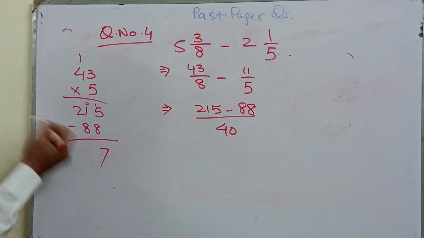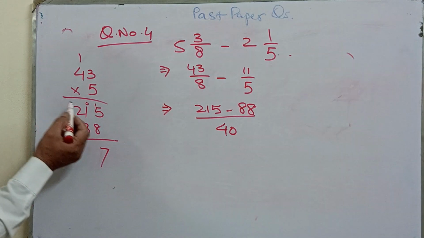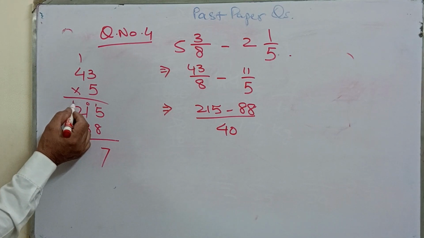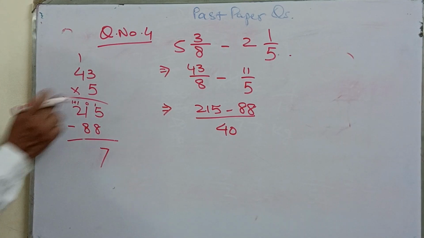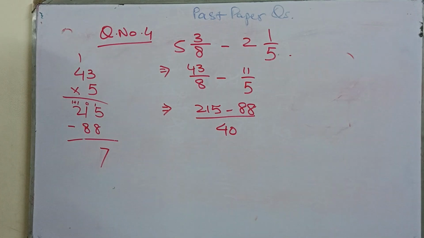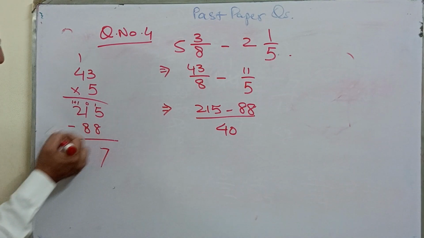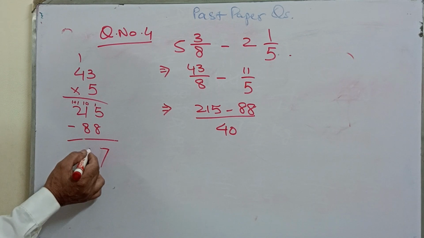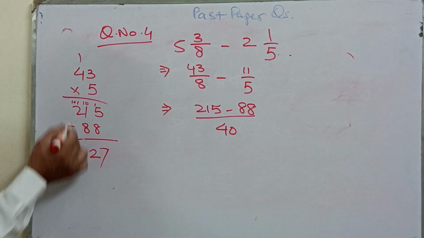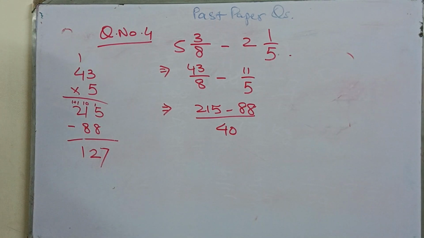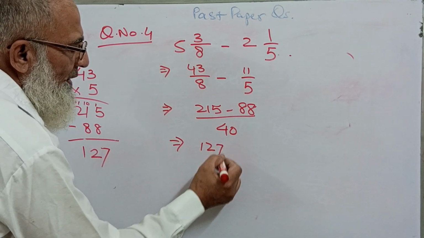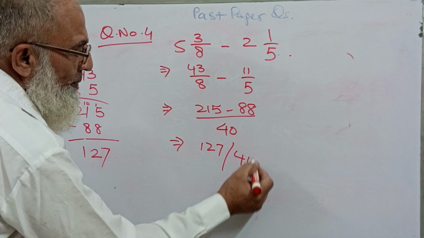So we again borrow from our left neighbor, so it becomes 1 plus 1, 2. Then 1 is given to the right side neighbor, so it becomes 10, and 10 minus 8 is 2, and there was only 1 left. So my dear students, it will become 127 divided by 40.